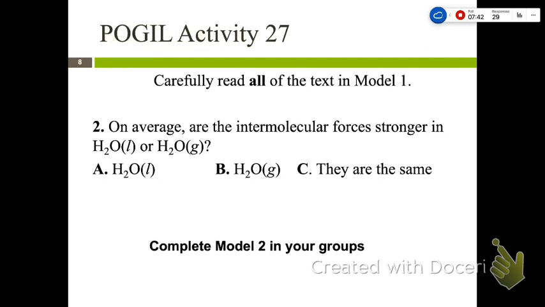I'd say they can, because you have to put it at a higher temperature to get to the boiling point. So think about that.